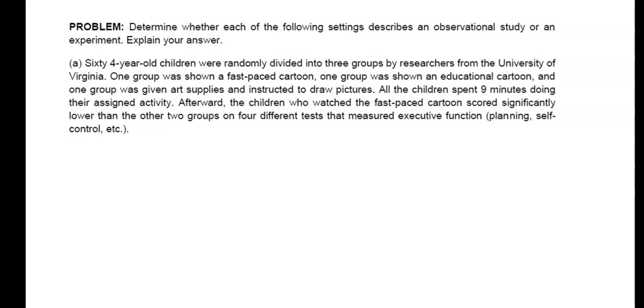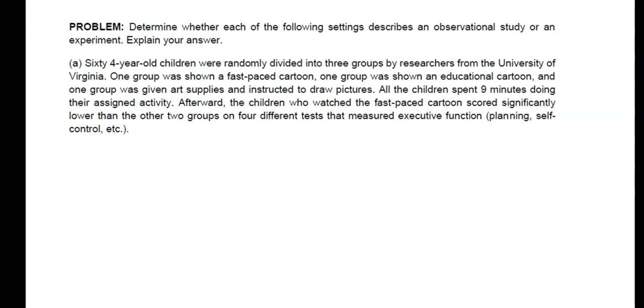Determine whether each of the following settings describes an observational study or experiment. 64 children were randomly divided into 3 groups by researchers from the University of Virginia. One group was shown a fast-paced cartoon, one group an educational cartoon, and one group was given art supplies and instructed to draw pictures. All the children spent 9 minutes doing their assigned activity.